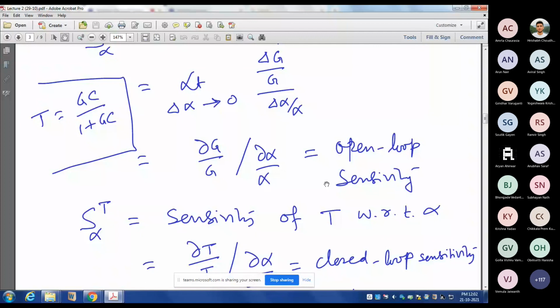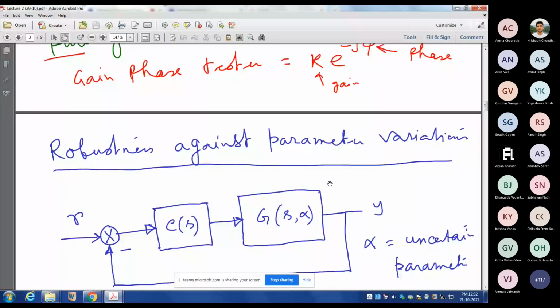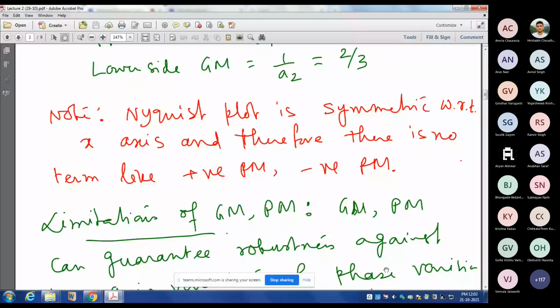I followed that from technical automatic control papers. The gain margin, phase margin and gain phase tester concepts I have taken from those journal papers.